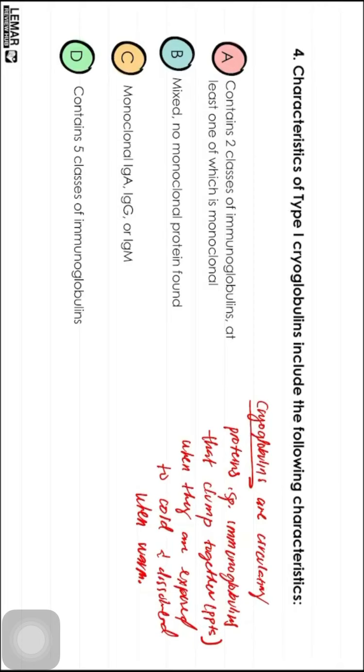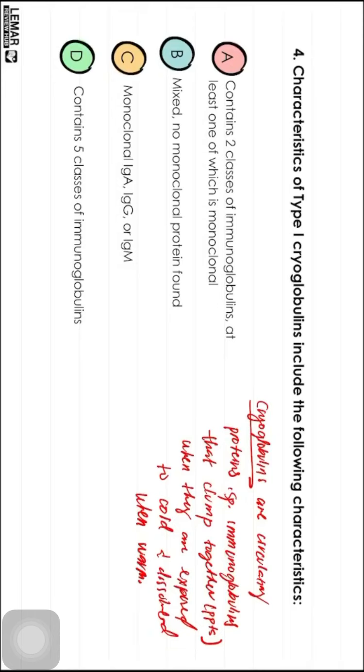Okay, so again, cryoglobulins are circulating proteins. It can be our immunoglobulins that clump together forming precipitates when exposed to cold and later dissolve when exposed to warm. So we have types of cryoglobulins.